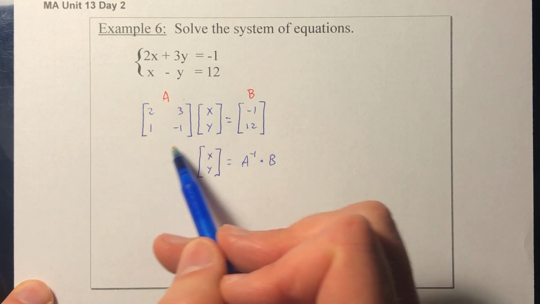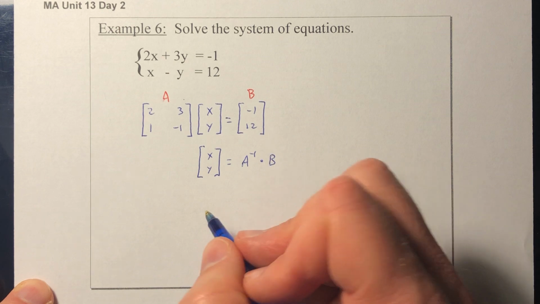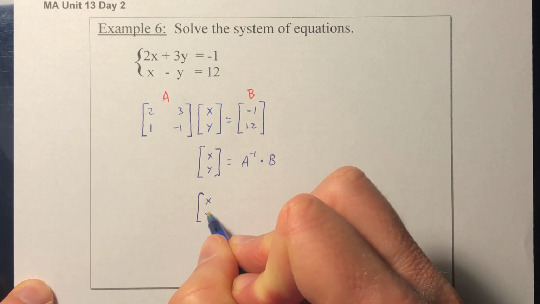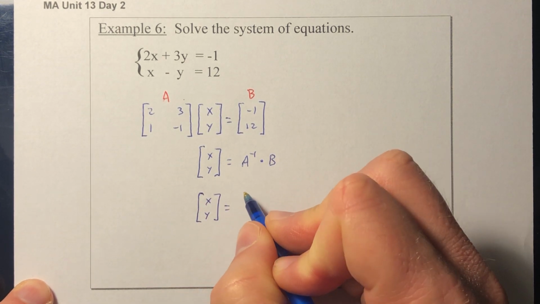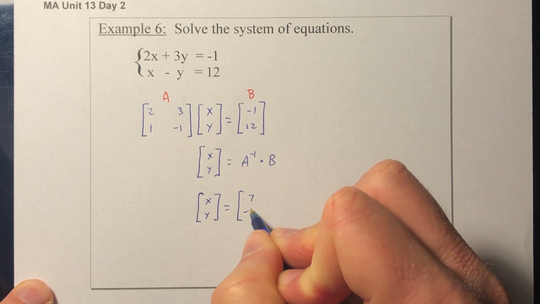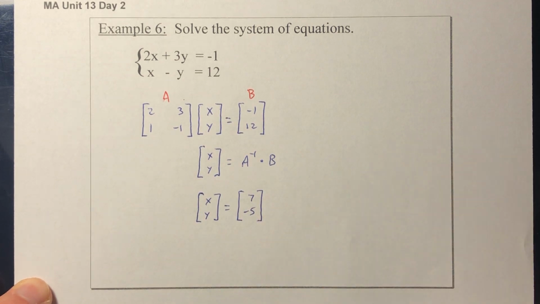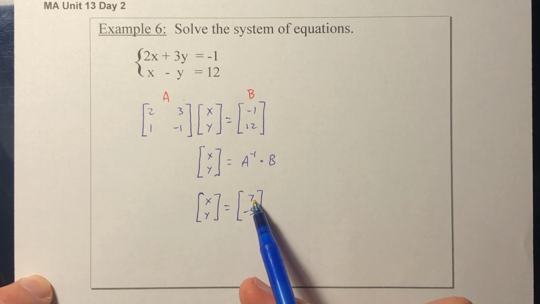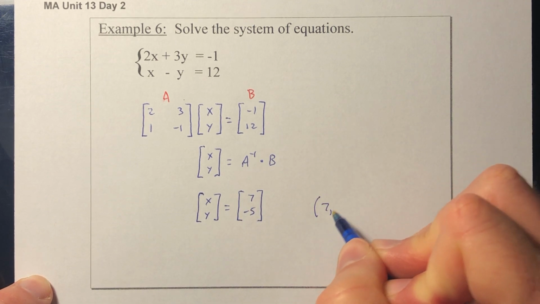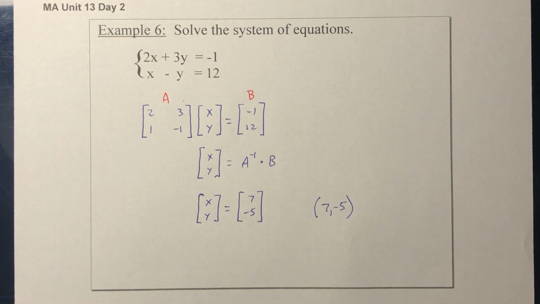If you take that inverse times this matrix, you'll get an answer of 7, -5. So your x is 7, your y is -5. That would be your solution to that system of equations.